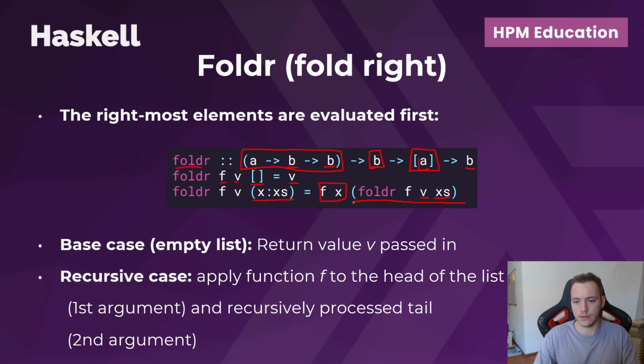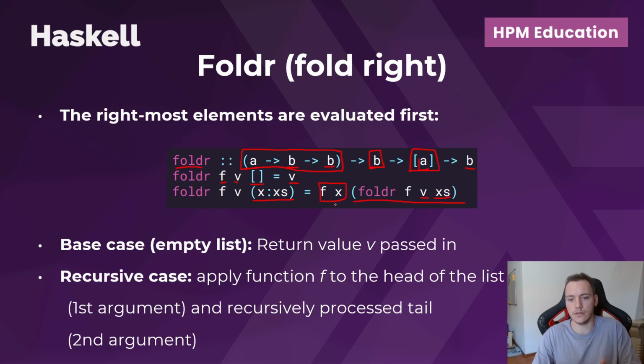So Haskell will use laziness in that case to completely disregard the rest and say, I don't need to evaluate the right part of this. I know that the whole expression will be false because x is false.